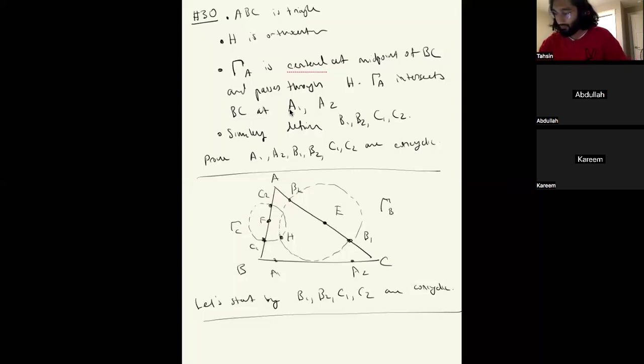So let me just repeat the situation. We want to show that 4 points are concyclic.